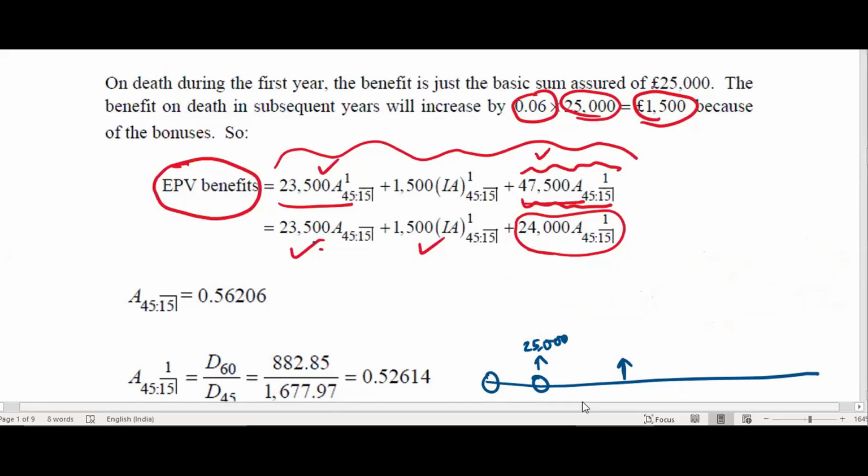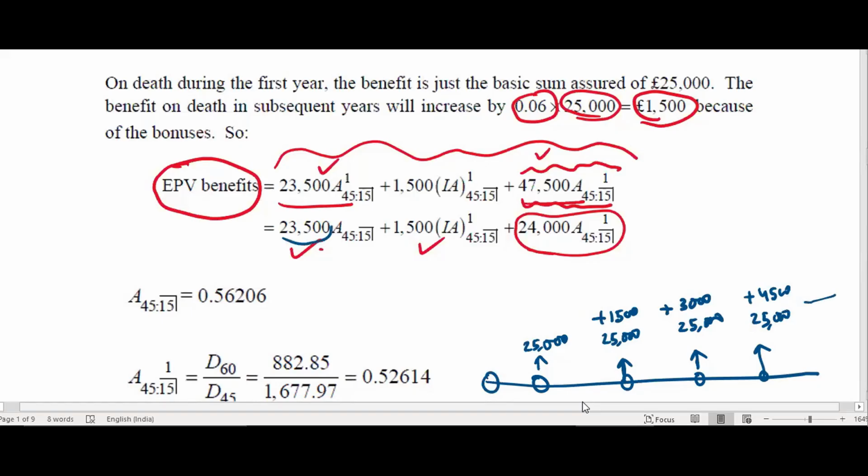Here the bonus will be added, 25,000 plus 1,500 bonus, that is 6% extra. Here benefit will be 25,000 plus 3,000, another 1,500. It's simple interest. This way it will continue.